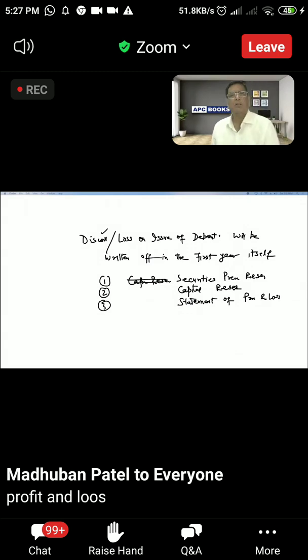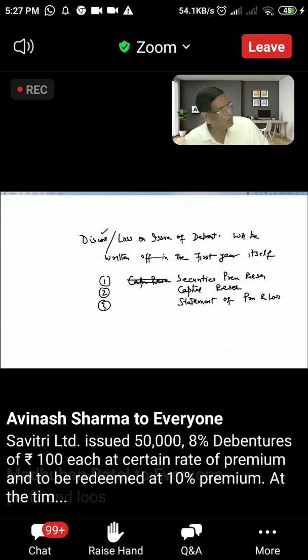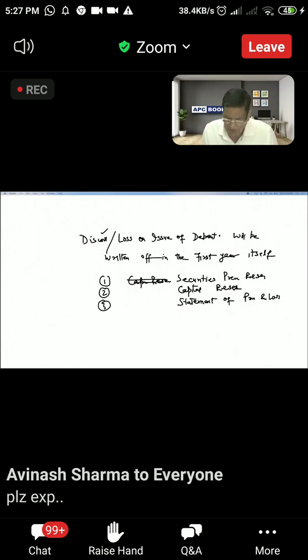Till now, this was the position that loss or discount on issue was written off from 3 sources. First from security premium reserve, then from capital reserve, then from statement of profit and loss.